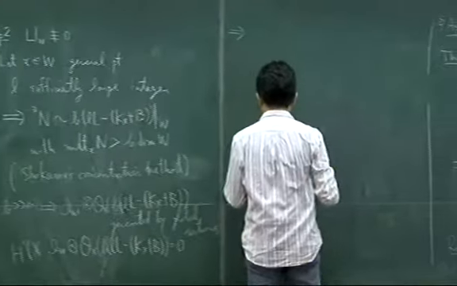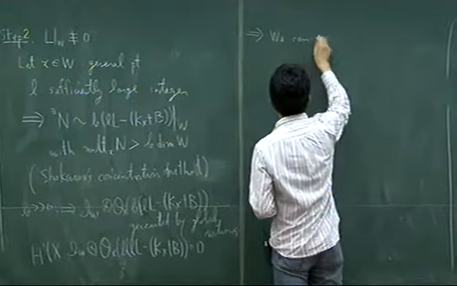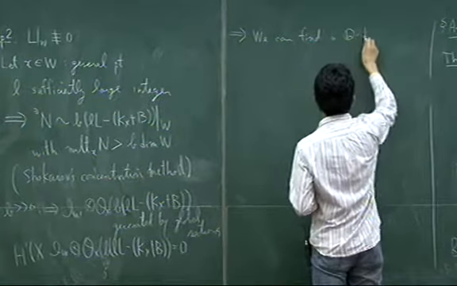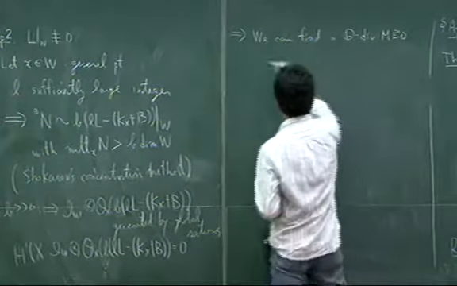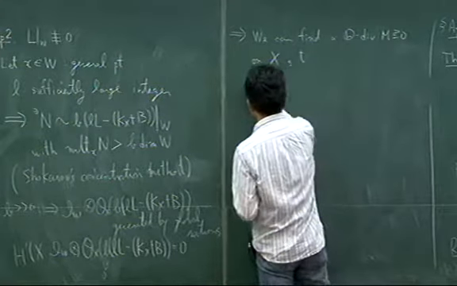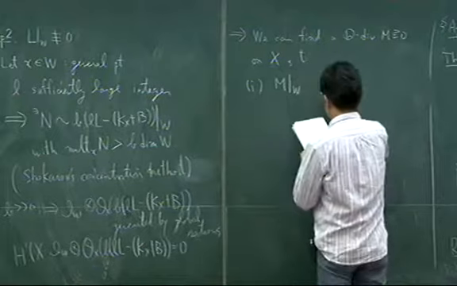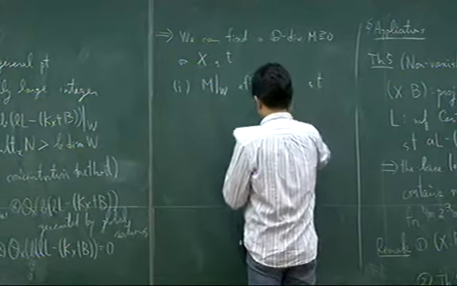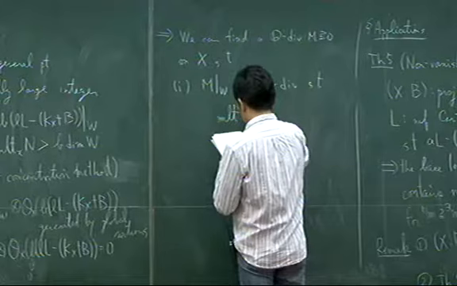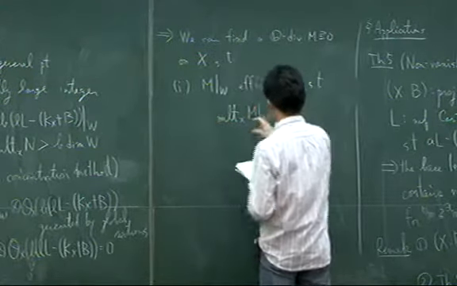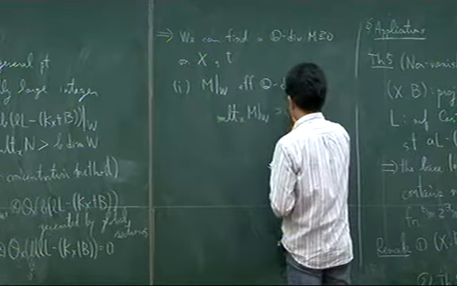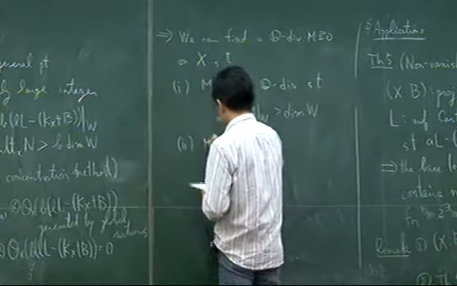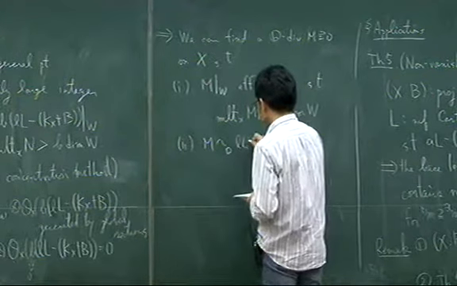Thus we can find an effective Q-divisor M on X such that, part 1, M restricted to W is an effective Q-divisor such that the multiplicity of M restricted to W at x is greater than dimension W. The second one, M is Q-linearly equivalent to L minus (K_X plus B).